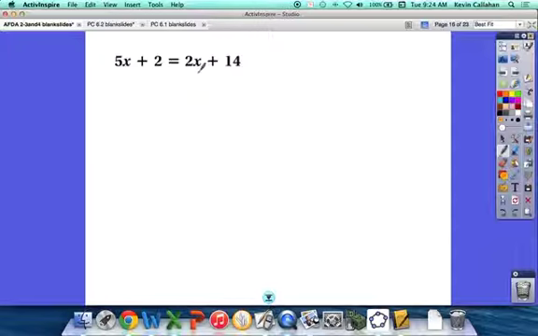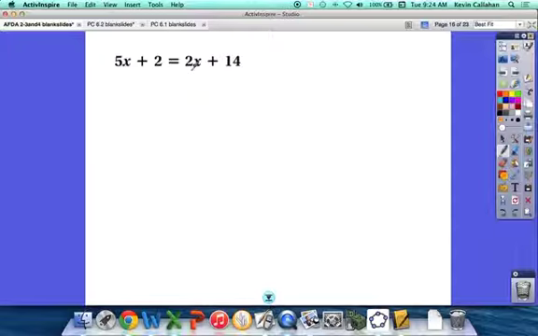And then we need to get all the x's on one side, all the constants on the other. Usually, you don't have to do it this way, but usually you move variable terms first. And the one you move is the smaller of the two. So if you're looking at 5x and 2x, you say to yourself, which is smaller, 5x or 2x? The 2x. So move that one.